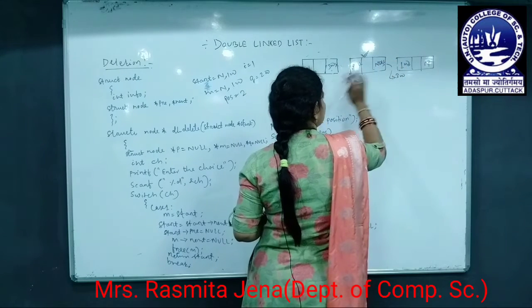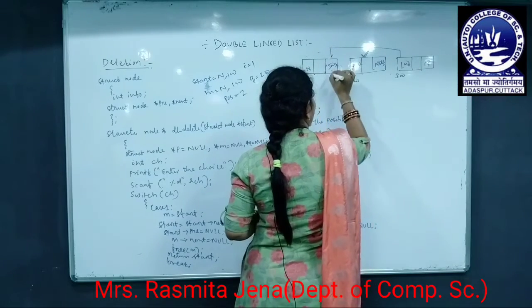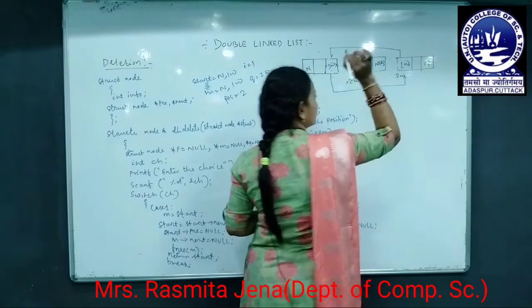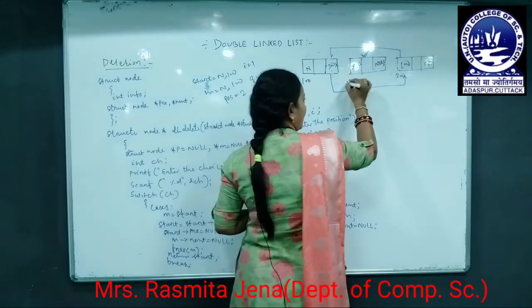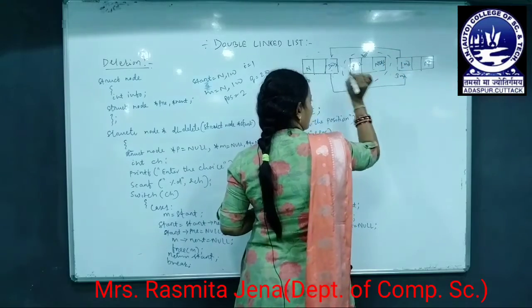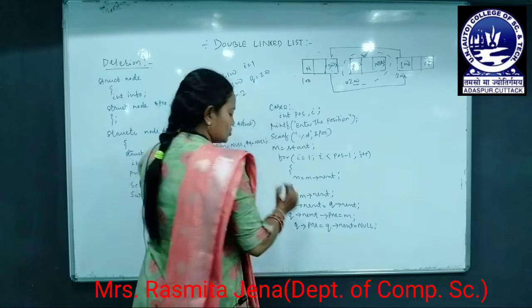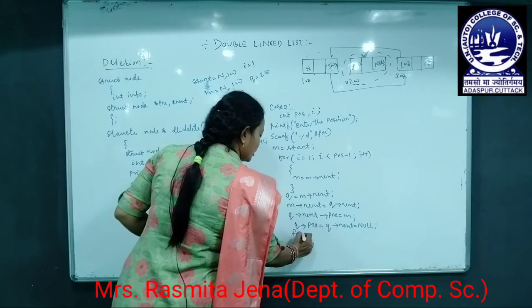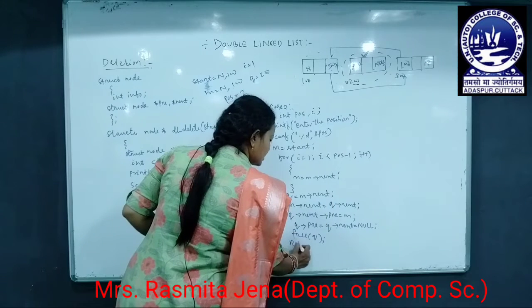This link is removed, this link is removed. This points to this node and this points to this node for forward and backward traversing. And you can see we can now delete this node. So free 200, and 200 is contained by q. So just write free q and return start.